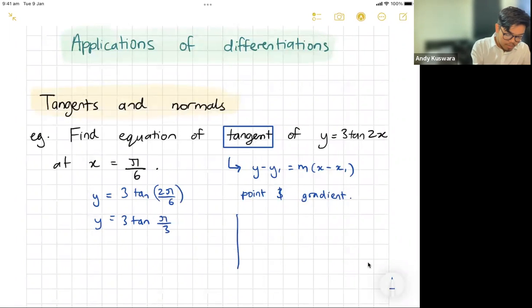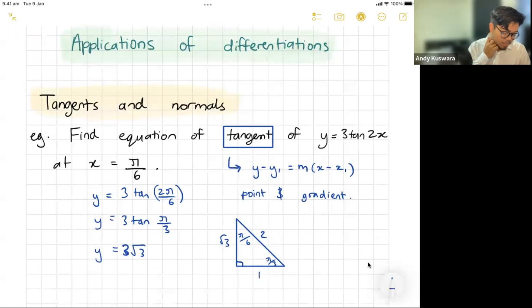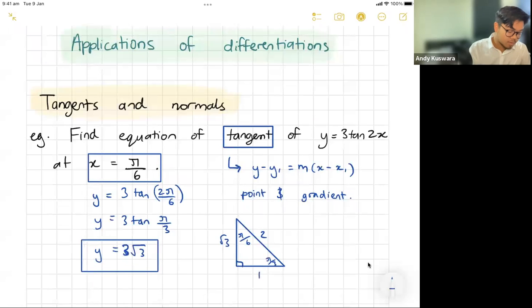Looking at my triangle, that's not a great triangle, but I will work with it, pi on 6, pi on 3. So tan pi on 3 will be opposite over adjacent, root 3. Y will equal 3 root 3. Okay, and so now I'm getting there. I've got a point. I've got a gradient. Oh, no, sorry, I've just got a point.